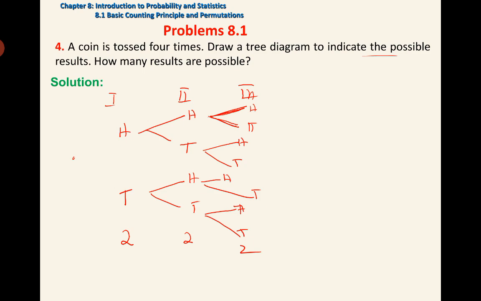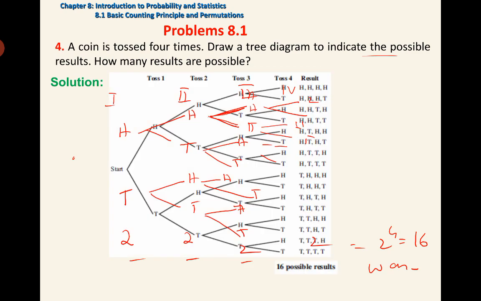So the fourth time you are tossing a coin, again 2 outputs from everything. So this is again 2. What is it? 2 to the power 4, 16 possible ways. You can complete this one. Head or tail from every branch. That's it.